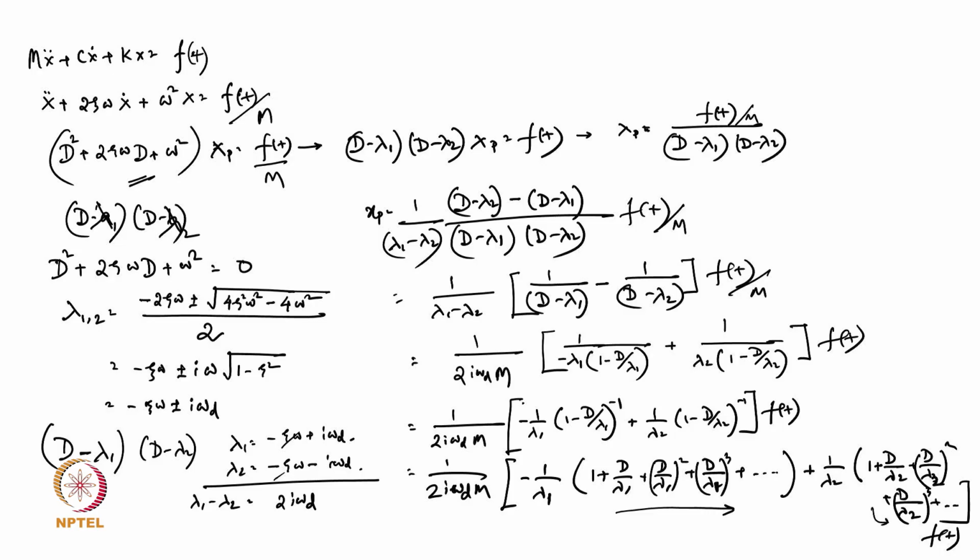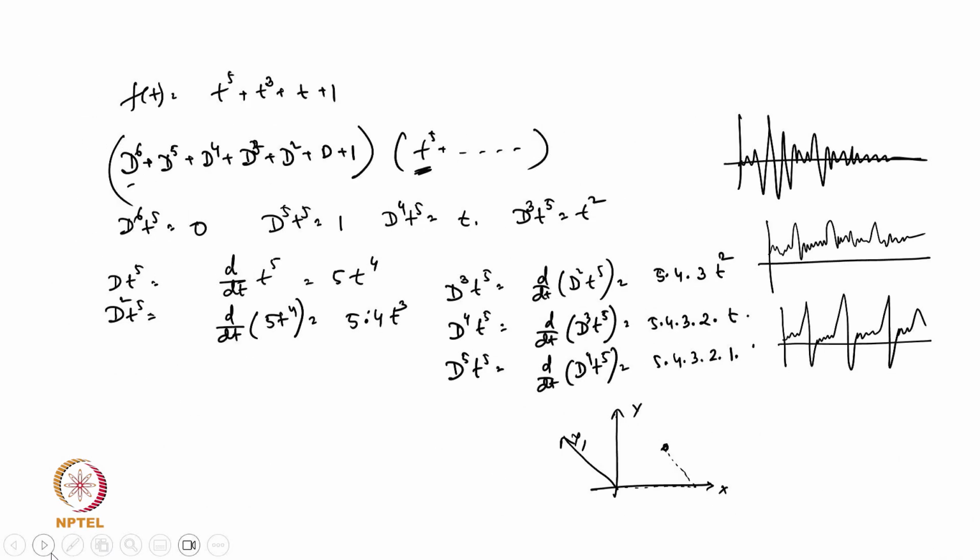Once we are doing this type of binomial expansion, always the question comes: up to what term do we have to take the integration, up to what term do we have to consider? The simple answer is until and unless your terms get exhausted. For example, if you are doing it for t to the power 5, then a sixth order derivative D6 will give you 0.